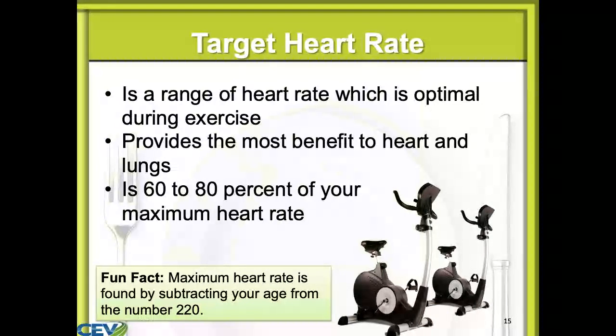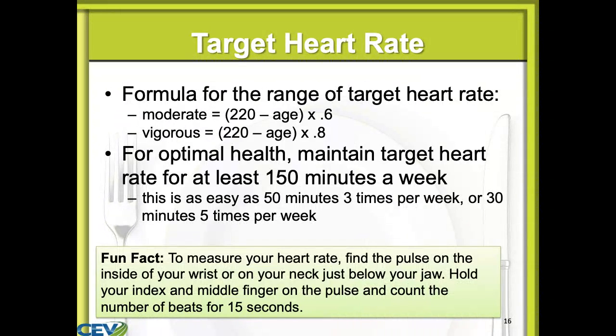Some people's resting heart rate is 65. Some people 62. Some people even 70. So it just depends on how hard your heart works when you're already at rest to know where you need to raise it when you're doing physical activity. So, how do you find your target heart rate? This is a formula to find your range.